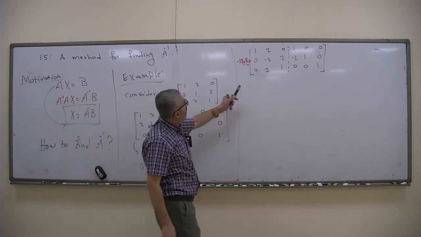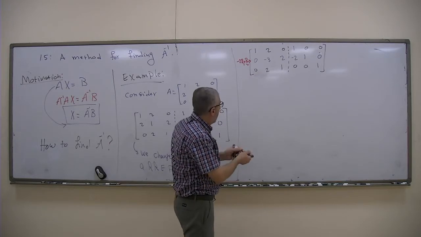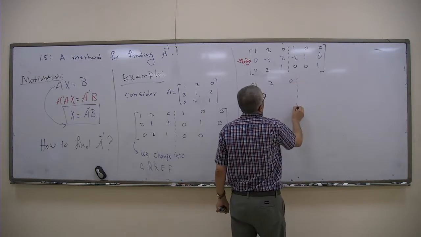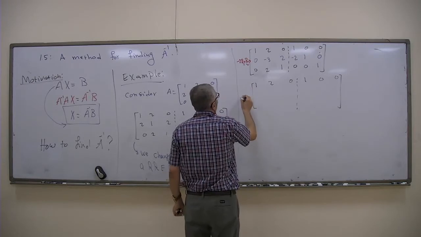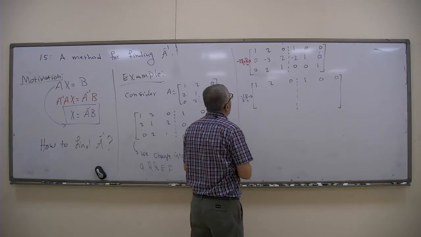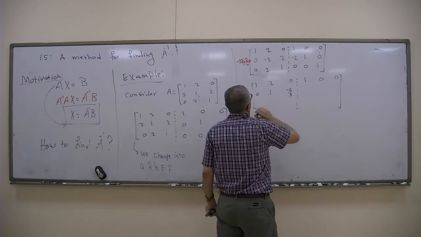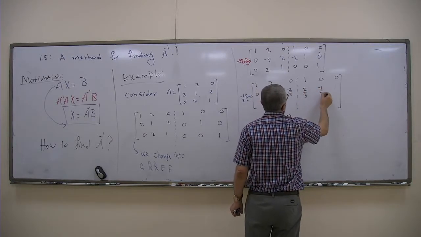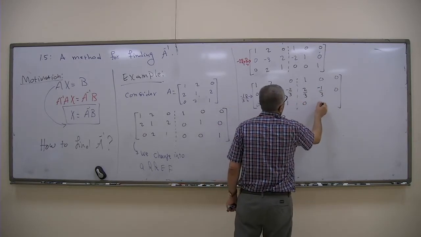The next step, we want this to be 1 and this 0. So I can write 1, 2, 0, 1, 0, 0, and here negative 1/3 R2 should replace R2. So you get here 0, 1, negative 2/3, and here 2/3, negative 1/3, 0, and here 0, 2, 1, 0, 0, 1.